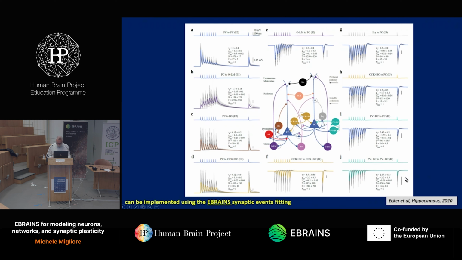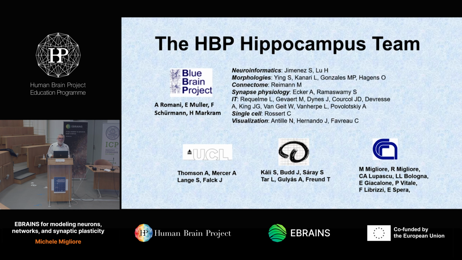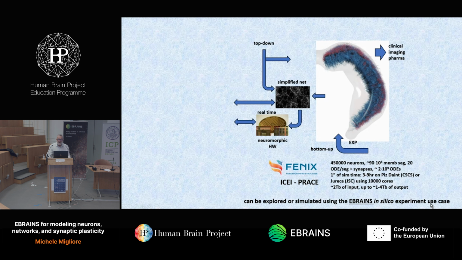Okay, so of course this cannot be done by a single lab, so we call ourselves the HBP Hippocampus team, and we are collaborating with the Blue Brain Project, UCL, and the group in Budapest. Finally, this is the current version of the full hippocampus CA1 region of the rat.